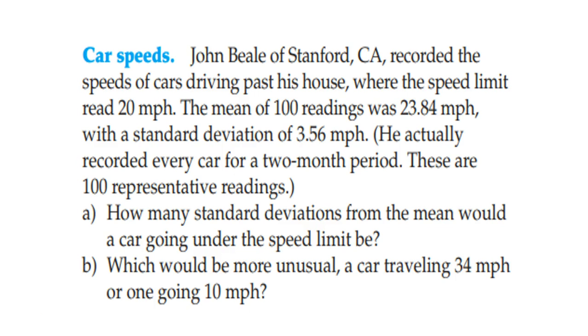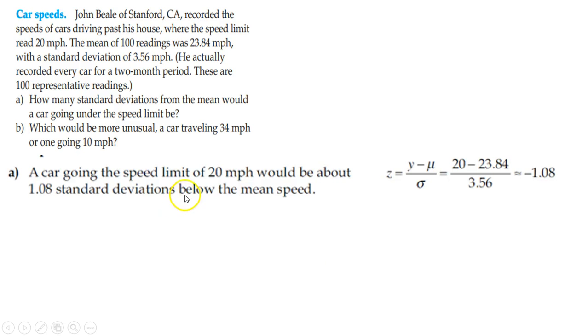So, how many standard deviations from the mean would a car going under the speed limit be? A car going the speed limit of 20, if I plug that in, would be negative 1.08 below the mean. The speed limit is 20, and that's compared to the mean of what they were going.